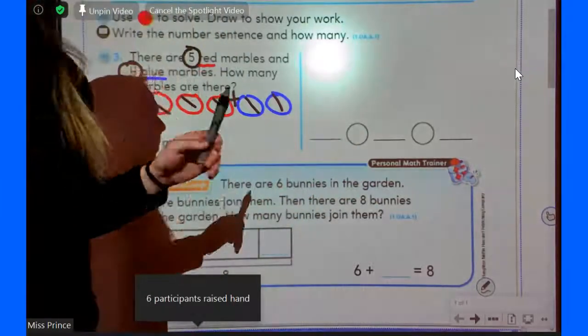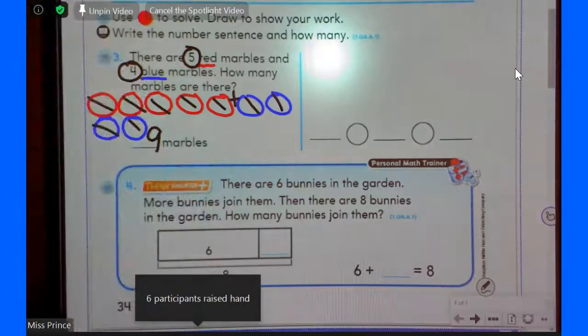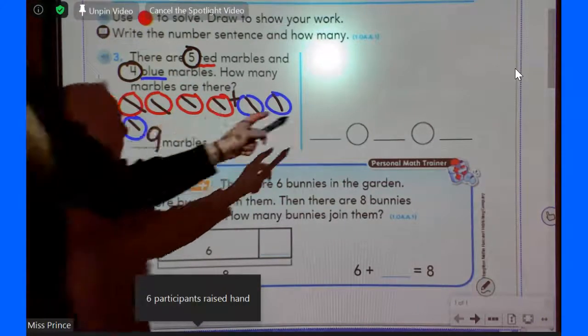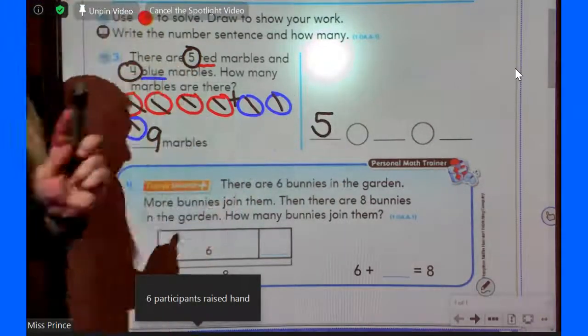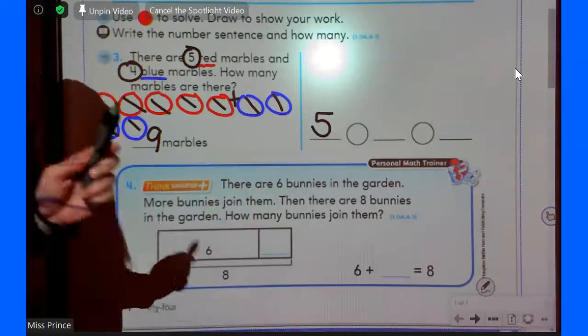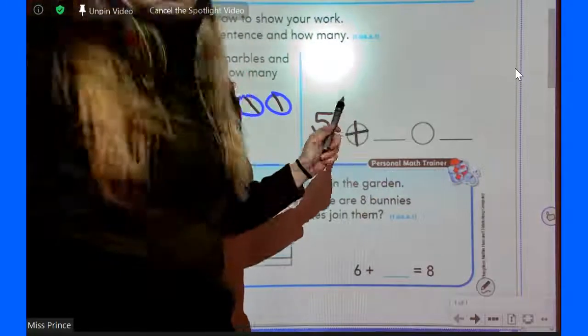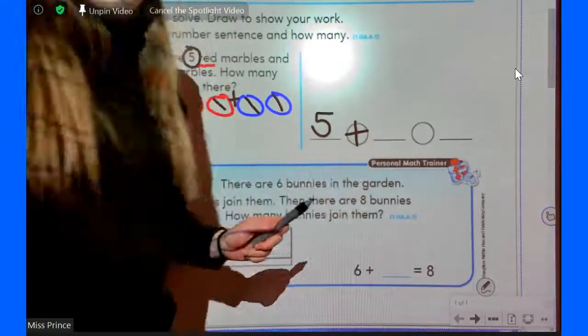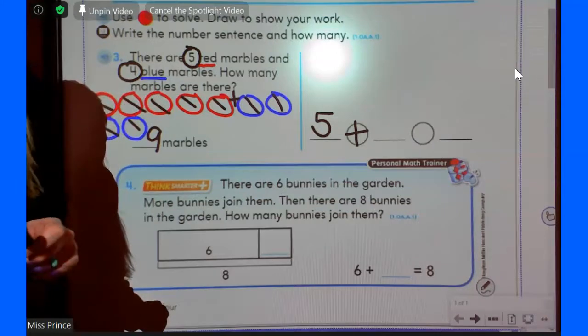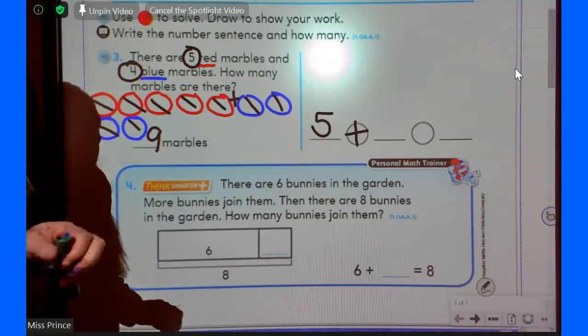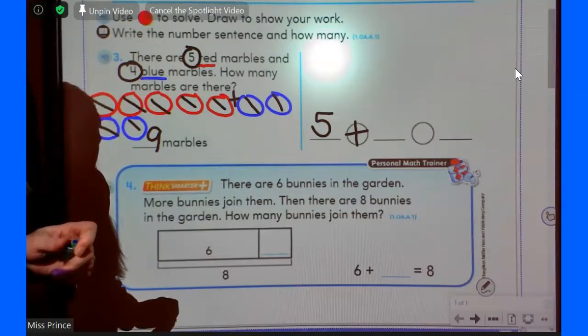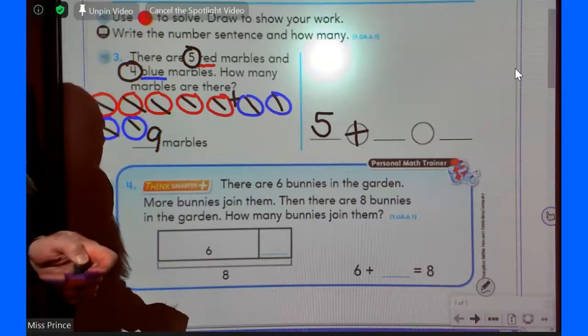So Nicholas, what's my first number I need to write? 5. What symbol do I need now? Plus. Remember, plus looks like this. Cadence, what number comes next? 4.